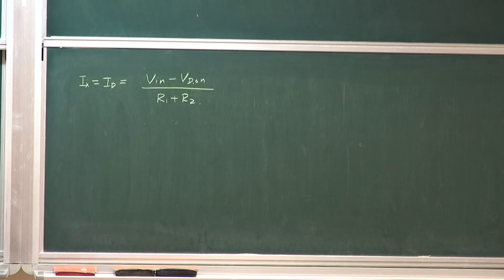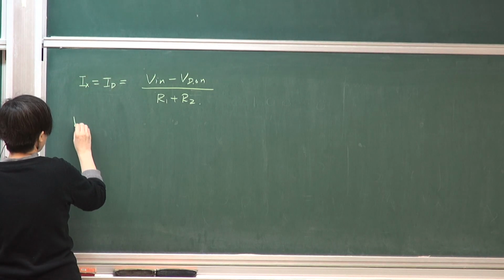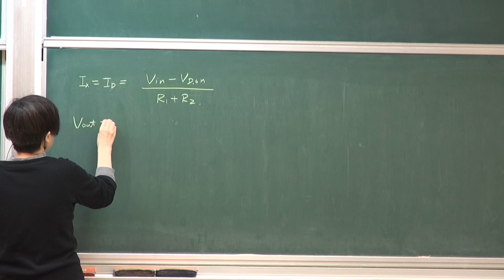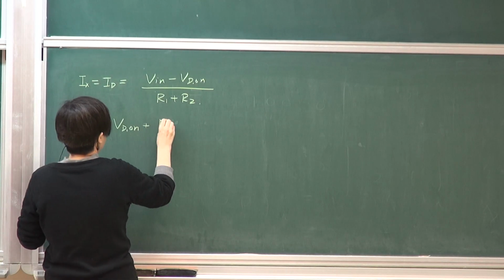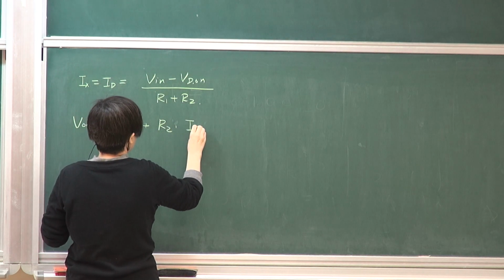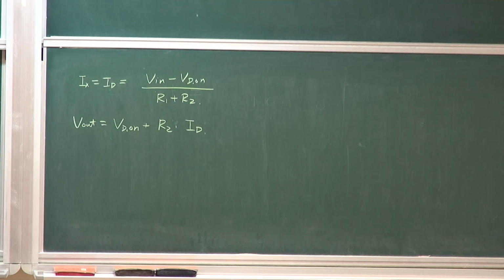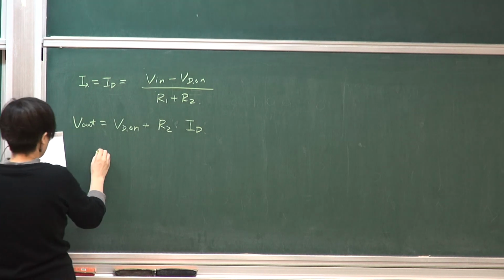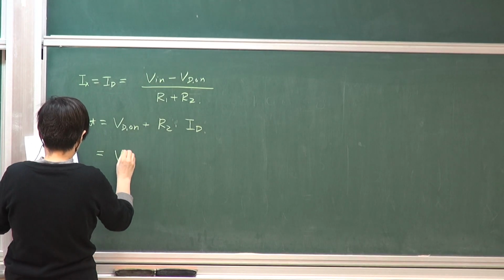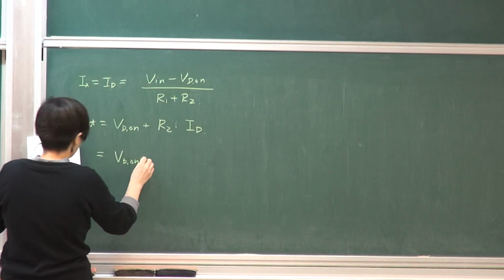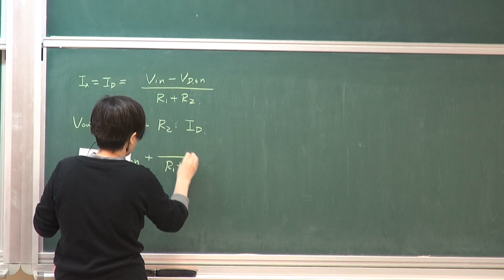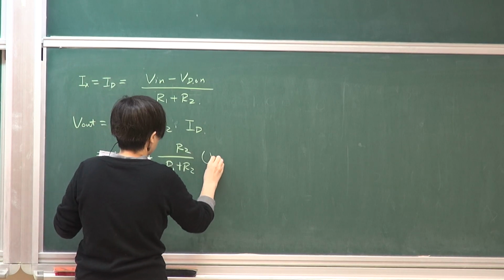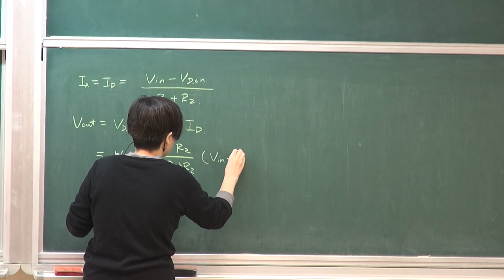So after rearrangement, your output voltage is actually VD on plus R2 times ID. So you simply insert that back in, and we should be able to get an equation that looks something like this. This will be VD on plus R2 over R1 plus R2 times (Vin minus VD on).